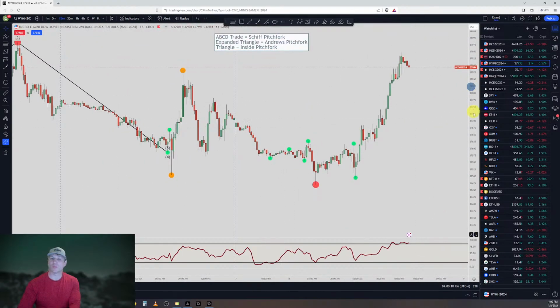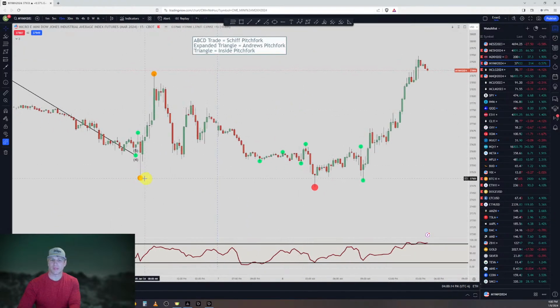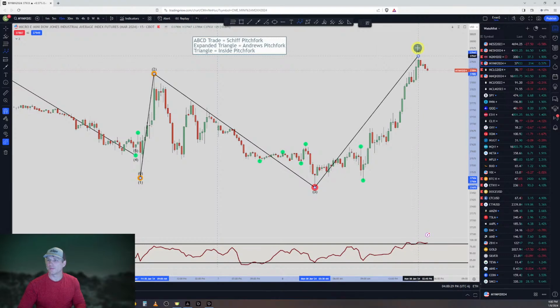What we do have is a potential expanding triangle trade going into tomorrow. You can see we have the 1, 2, 3, and when this turns orange or red, to have red you have to have an orange, so we'll just look for an orange right there. That would create the 4th point for the expanding triangle trade: 1, 2, 3, 4, 5.